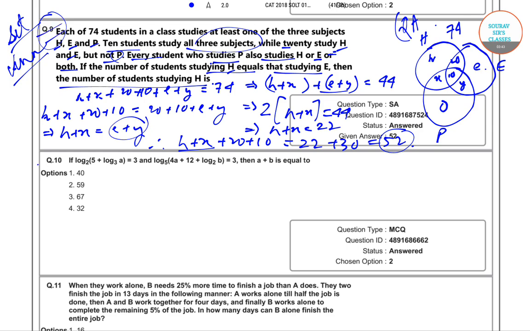Let's move on to the next question, which is question number 10. As you can see, this is a logarithm based question. In the first portion, we are given log of (5 plus log of a to the base 3) to the base 2 is equal to 3.